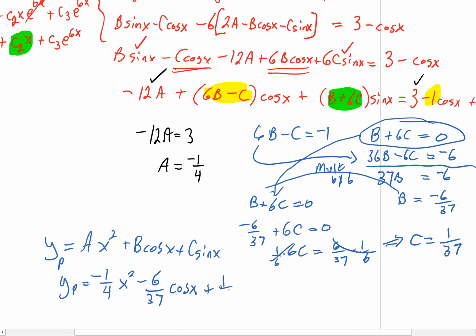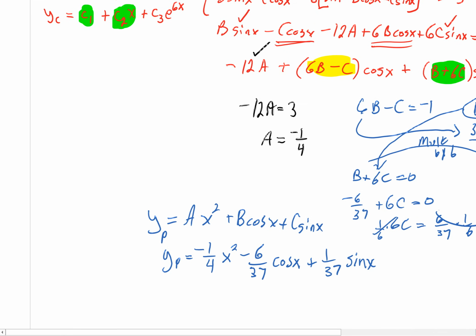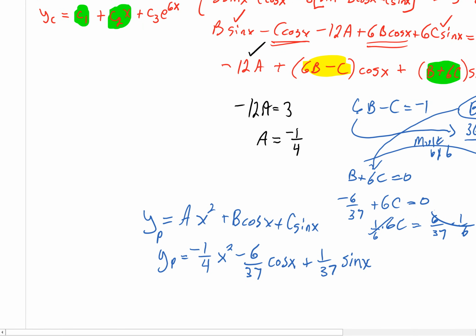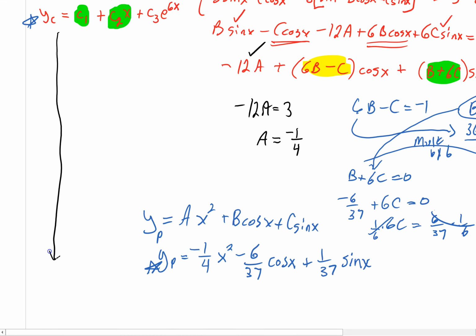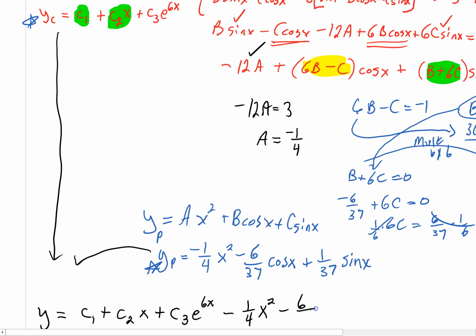And your c was 1 over 37. So things are getting better. You've got your particular solution, you've got your complementary solution, and now we can put them together. So I'm going to take this and that and say, in general then, we've got our complementary solution, and we also have, adding to that, our particular solution right here.